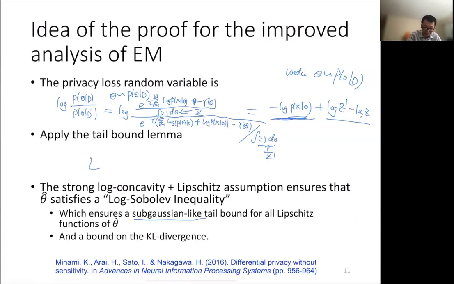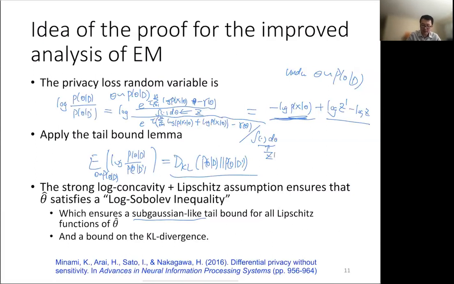So recall that the expected value of the privacy loss random variable, with theta drawn from p theta given d, is by definition the KL divergence of the distributions on the two neighboring data sets.